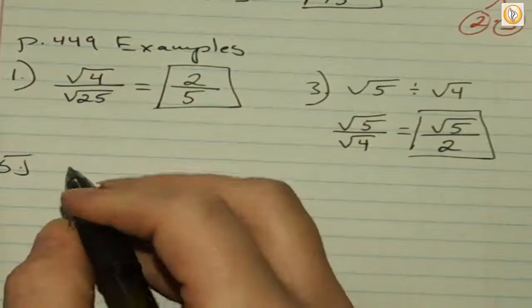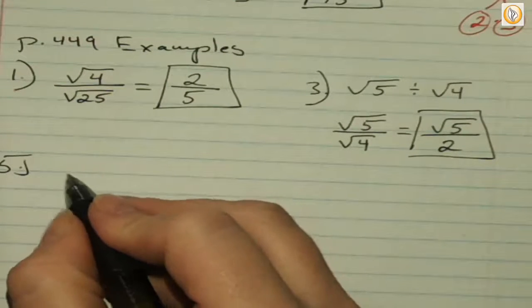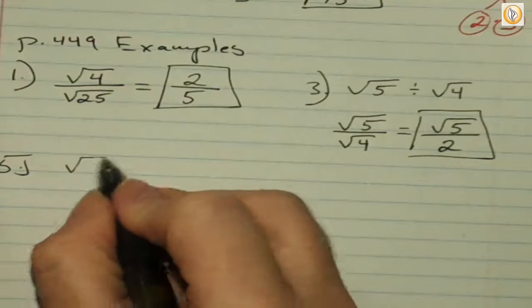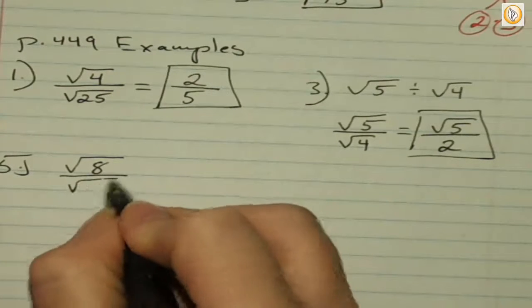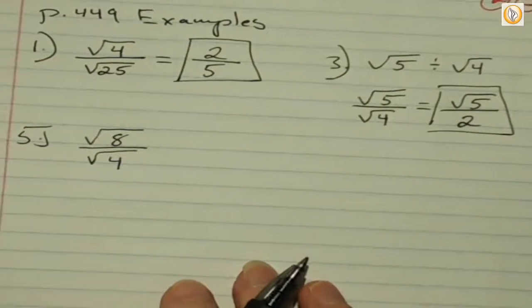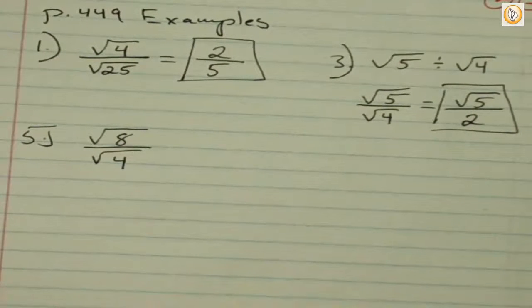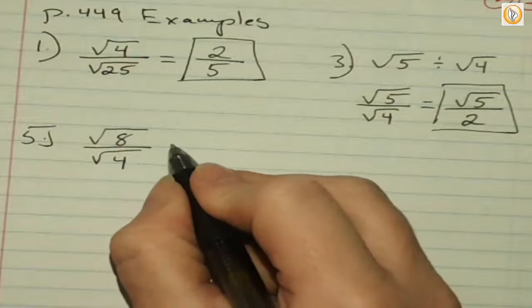Number 5. Sometimes they won't. For example, Cecilia: square root of 8 divided by square root of 4. However, can these be divided evenly? What is 8 divided by 4?